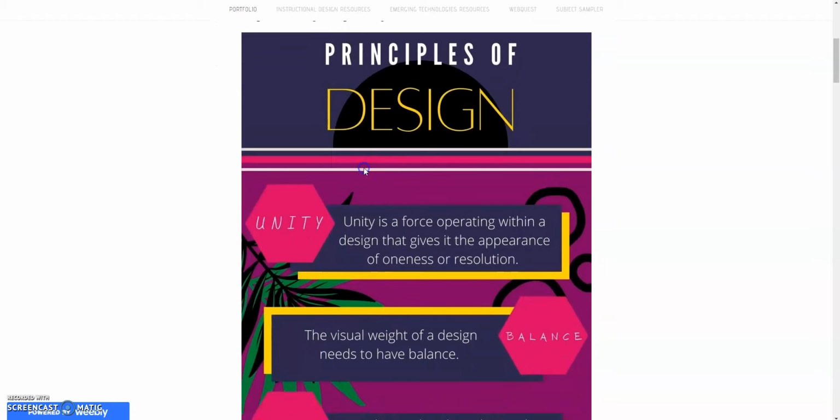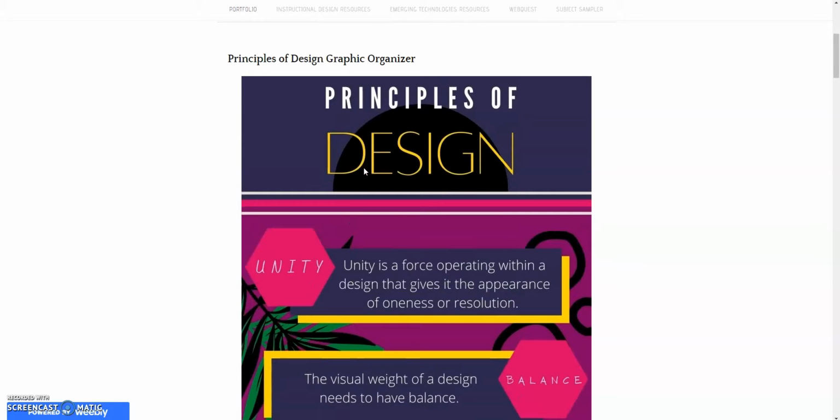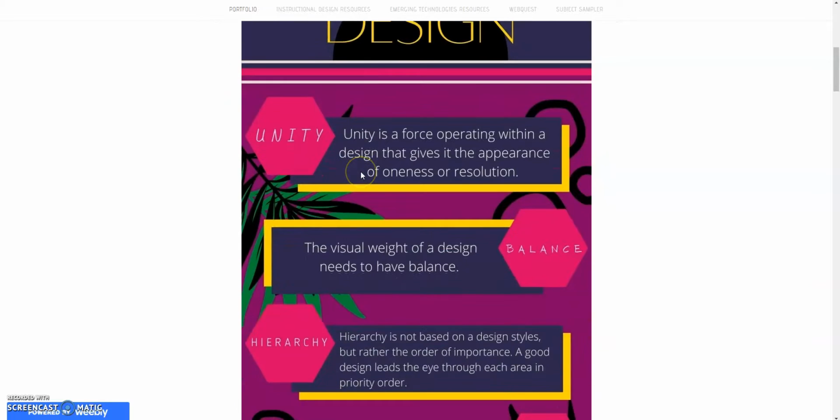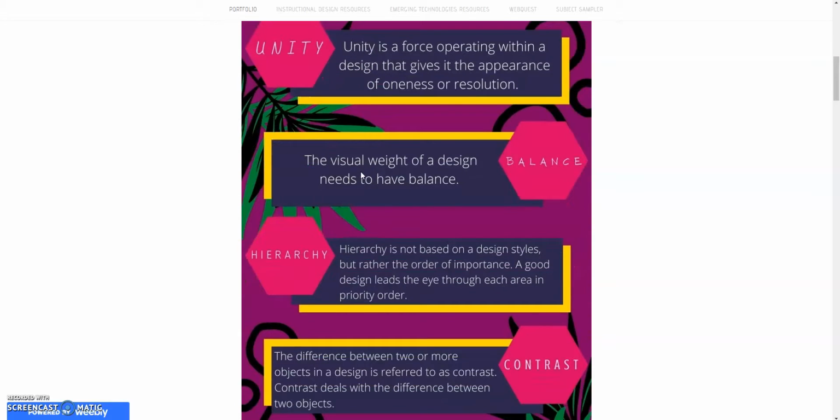Here we have by far my favorite assignment, because I personally enjoy design, art, is the Principle of Design's graphic organizer, which gave me the opportunity to refine my skills in doing infographics.